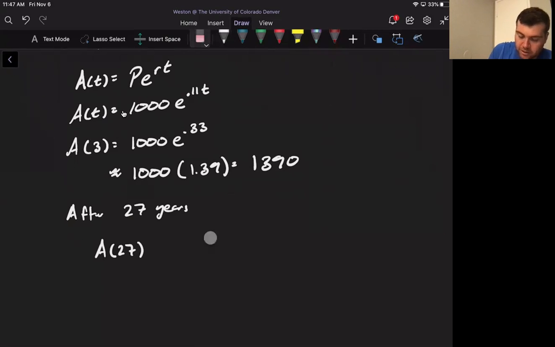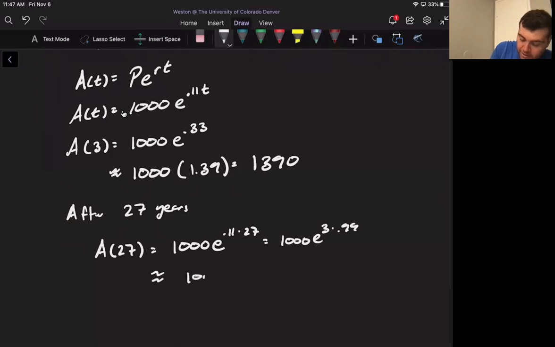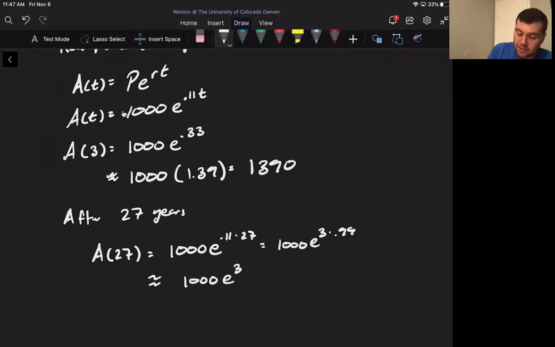Well, I guess I'll do it exactly first, which is 1,000 e to the 0.11 times 27, which is 1,000 e cubed times 0.99, which is approximately 1,000 e cubed. e is a bit less than 3, but it's more than 2.5, so this is maybe about 24.